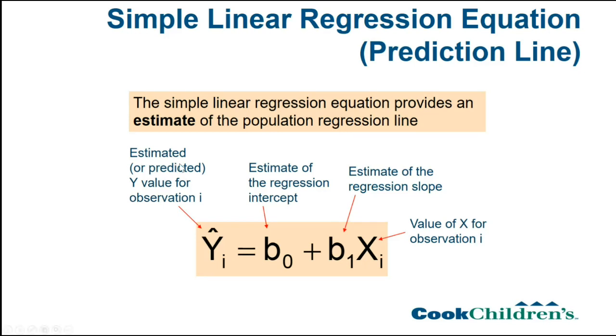In this case, y hat is your estimated or predicted y value for observation i. B0 is your estimate of the regression intercept, B1 is your estimate of the regression slope, and x is the value for your particular observation i.